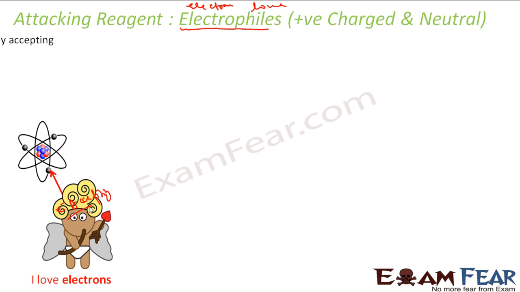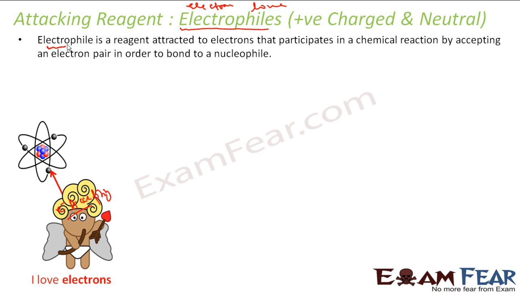Correct? So we'll see the definition. Electrophiles are reagents attracted to electrons and they accept an electron pair.